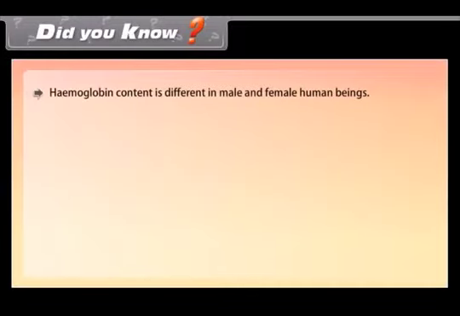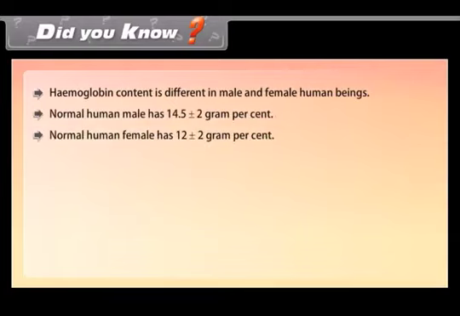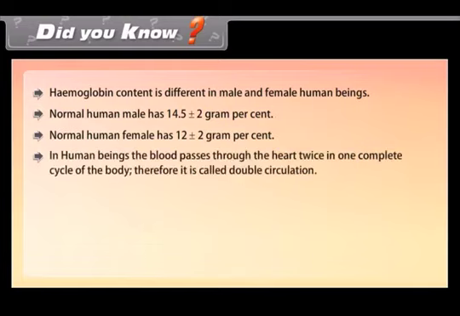Did you know? Hemoglobin content is different in male and female human beings. Normal human male has 14.5 plus minus 2 gram%. Normal human female has 12 plus minus 2 gram%. In human beings, the blood passes through the heart twice in one complete cycle of the body.